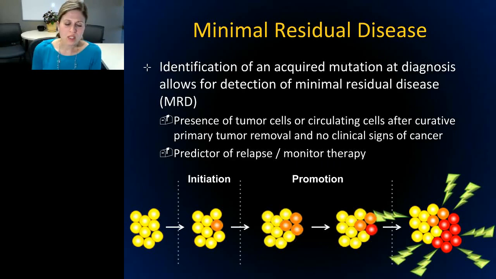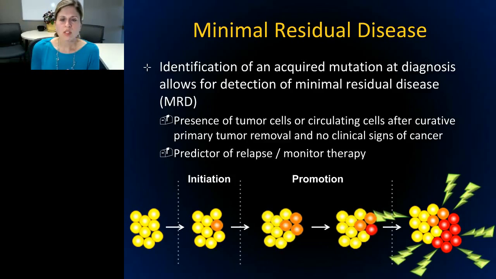Minimal residual disease is one of these prognostic mechanisms that is very, very useful in hematologic disorders. And it's useful to determine whether or not a patient has any cells left over after having been treated. The name says it all, minimal residual disease, what's left over after treatment.